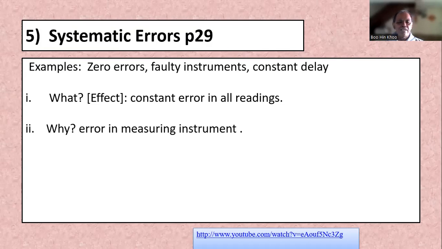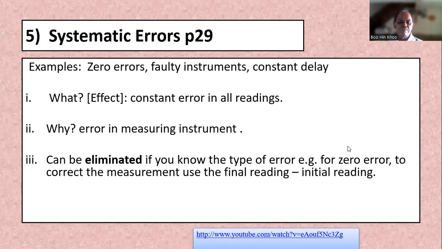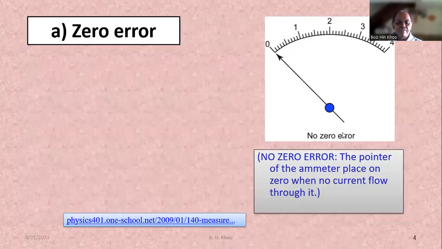Why do we have such error? Error in the measuring instrument, for example a faulty instrument, or the instrument wasn't set to zero. It can be eliminated if you know what type of error it is. For example, zero error: to correct the measurement, use the final reading minus the initial reading, or zero the instrument.